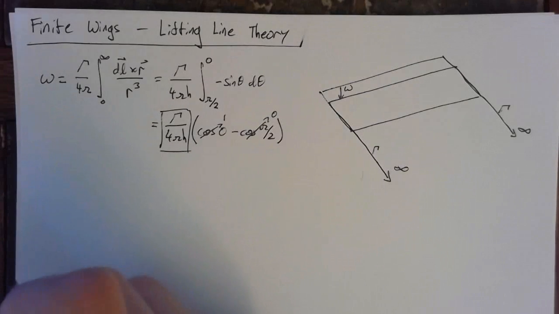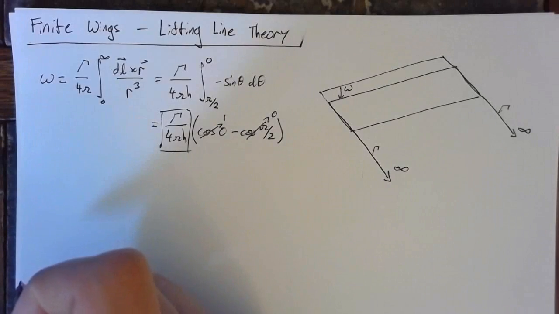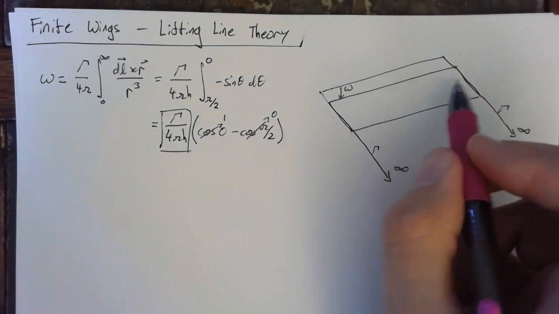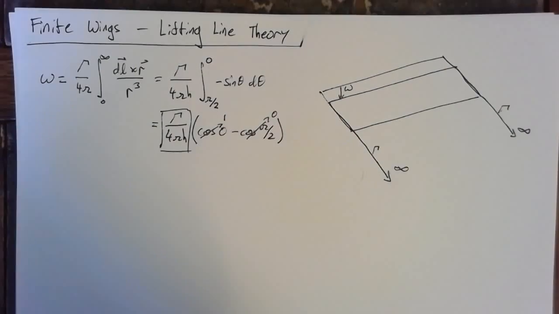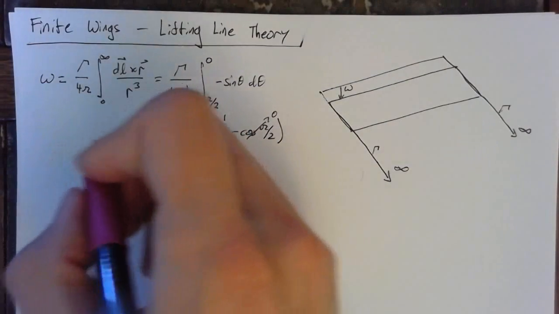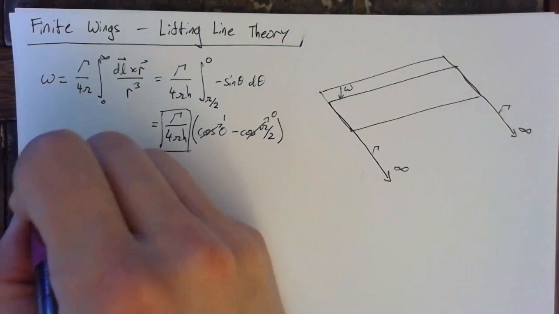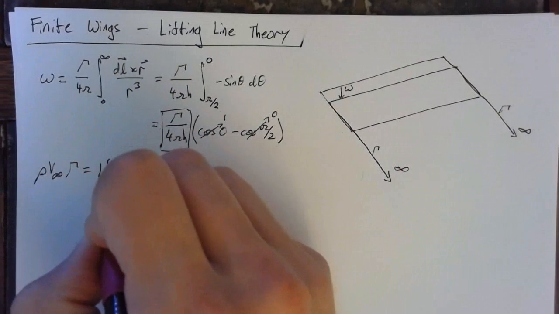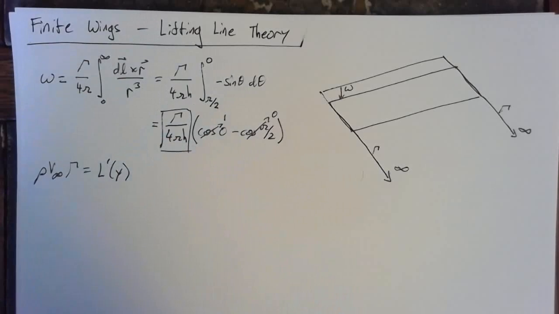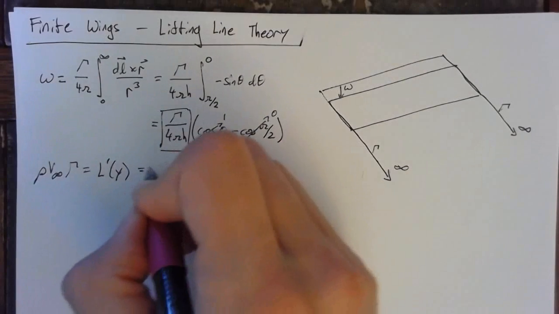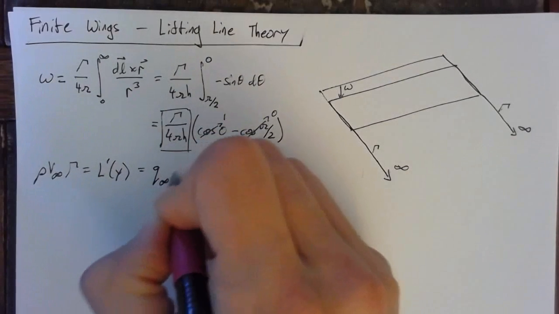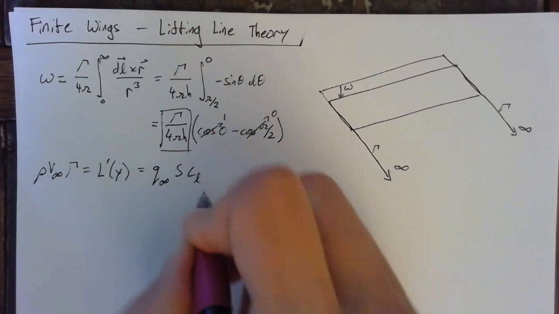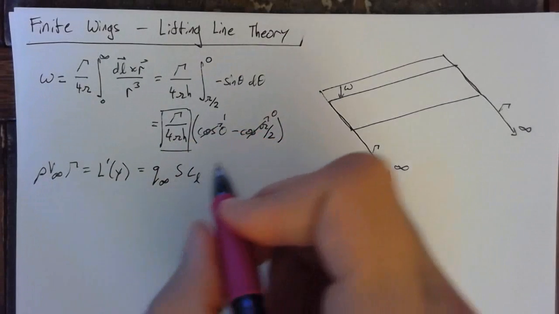So this is great, but now we're interested in actually finding the lift over our entire wing, right? So we say that rho times v infinity times gamma is equal to our lift per unit span, and we're saying that this is a function of y. And we can rewrite this as q infinity times s times the coefficient of lift.